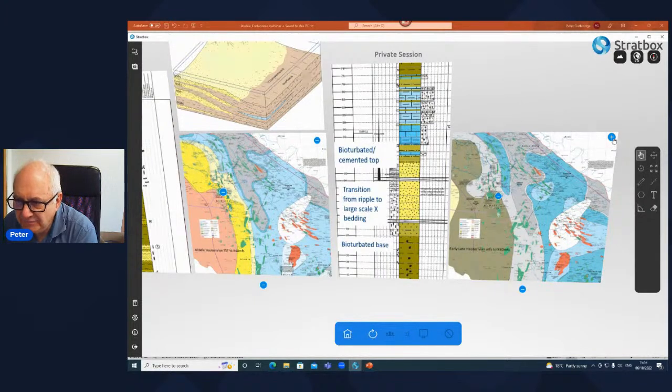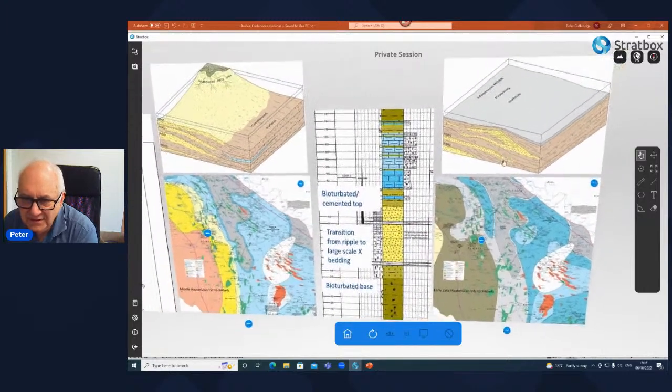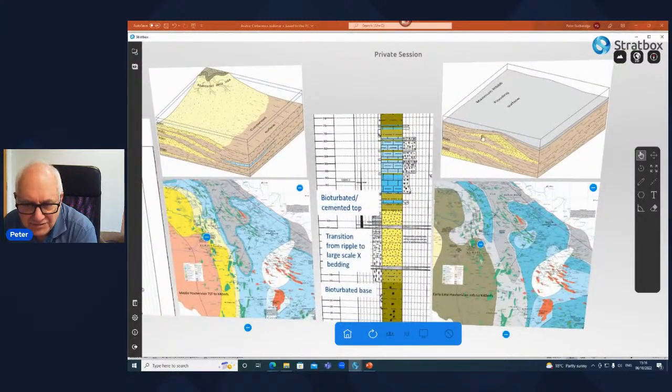So this is the general depositional setting, where we get these transgressive sandstone bodies progressively reworked and then drowned, and then the maximum flooding comes on top.